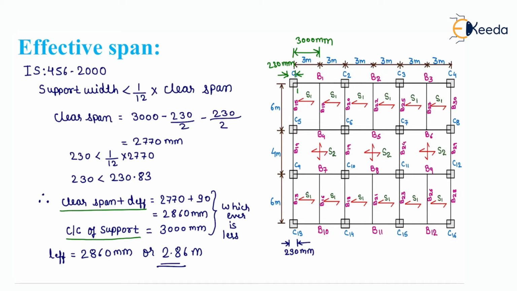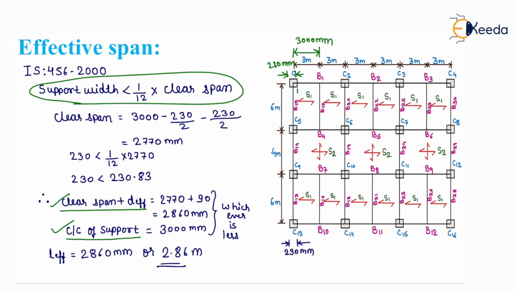Now we will put these values in the condition given in the IS code. The support width, 230 mm, is less than 1 by 12 into clear span 2770, that is 230.83. Now, we will use these two conditions.